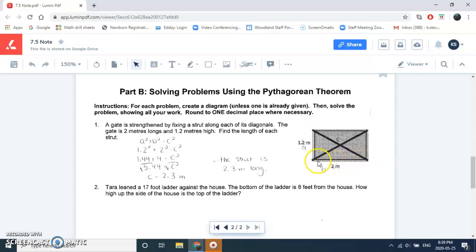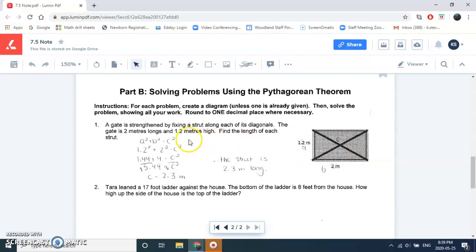We've got a diagonal line, our bottom line and our top line, and we know that this top line will also equal 2 meters, and going down will also equal 1.2 meters, and then again we have this strut here. That's what we're looking for, these 2 dark black lines. They are matched up with triangles on either side, so they're going to be the same because we have a rectangle. Once we find one, we know that both of them are the same.